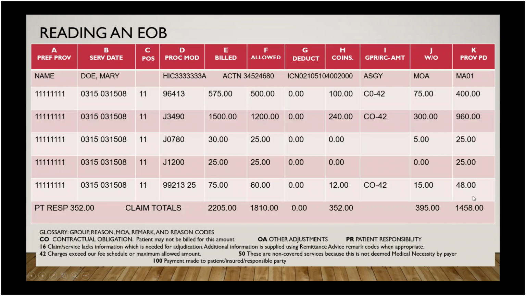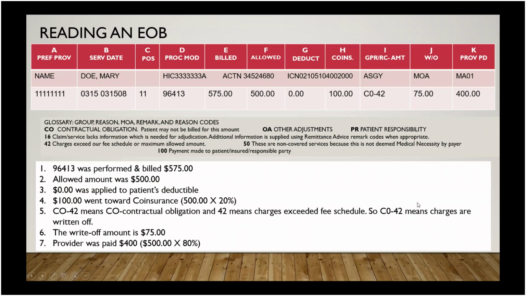And then what the provider is paid by the insurance company. All right, so 96413 was performed and billed 575. The allowable amount again is 500. 0 was applied to the patient's deductible. 100 went towards the coinsurance, so $500 times 20% is what we get there.